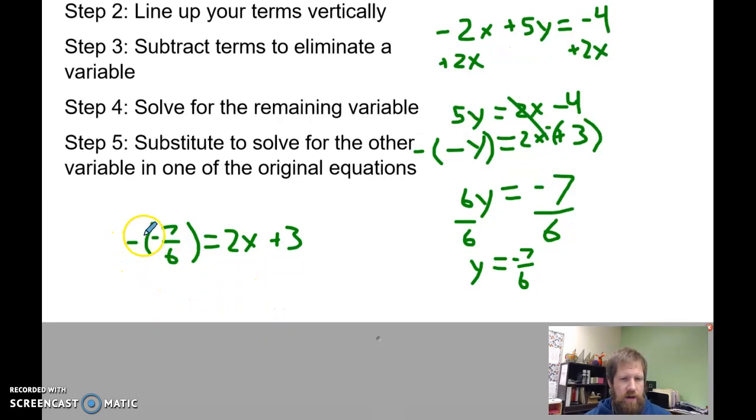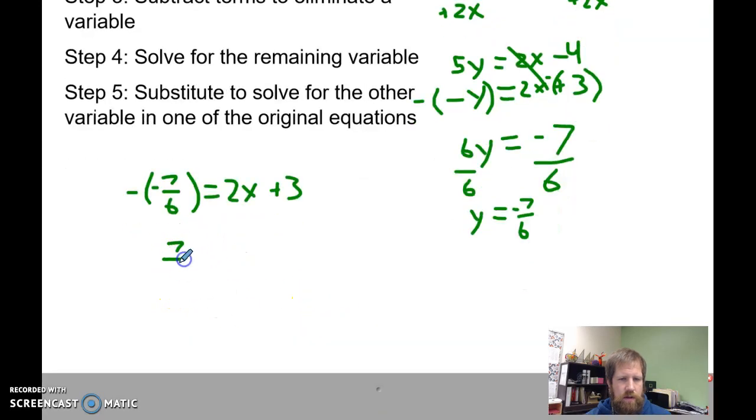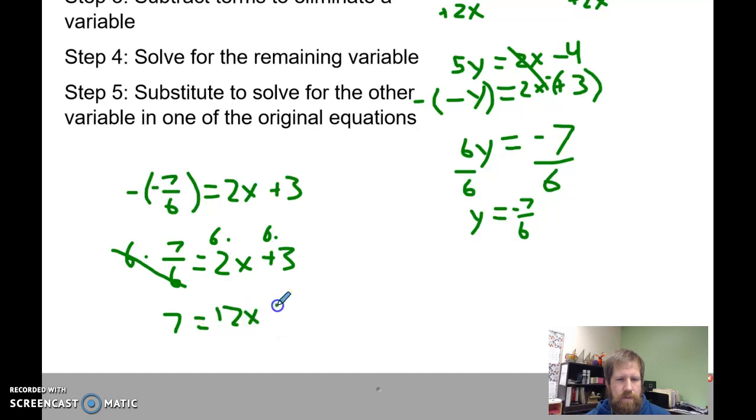And then the negatives cancel, so we'll have 7/6 equals 2x plus 3. And let's see, at this point I'm going to multiply everything by 6. I think that's going to be my best way to get through this. So those will cancel. So I'm left with 7 is equal to 6 times 2x, or 12x, plus 6 times 3 is 18.